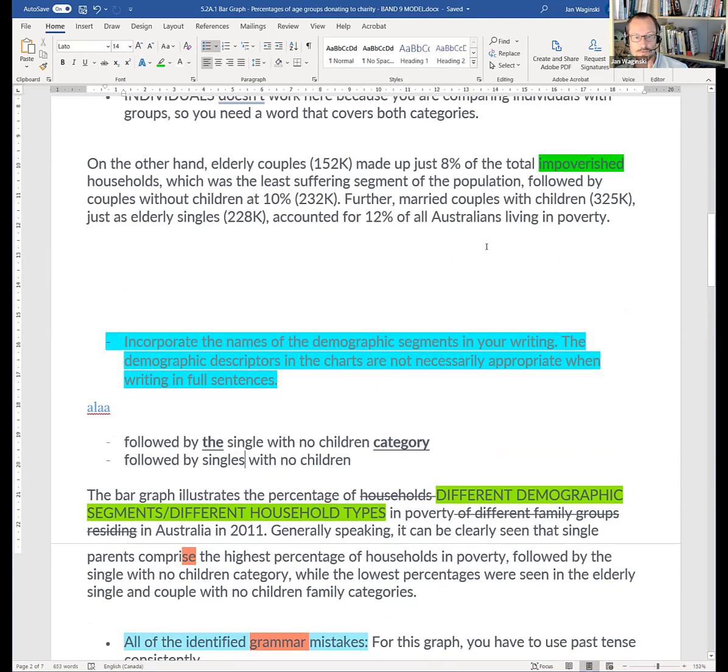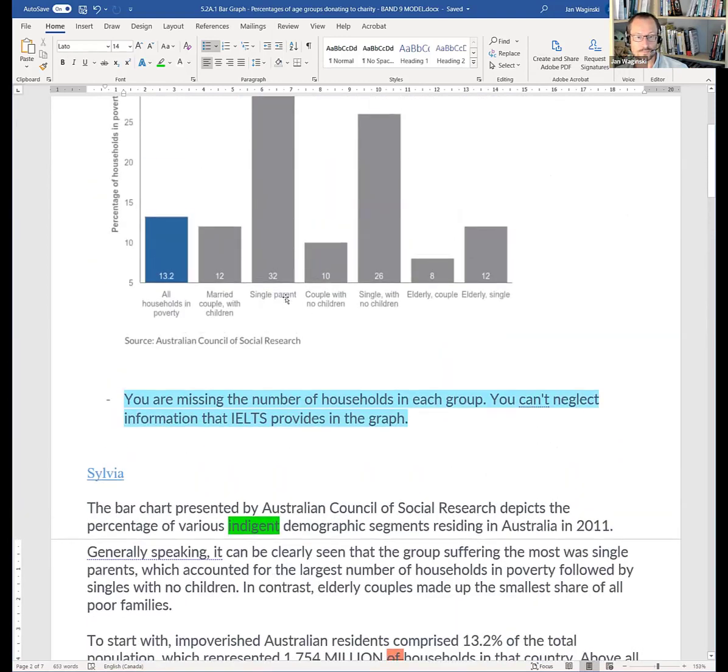Because if you're talking about multiple people, it's not good to say couple with no children. You need to say couples with no children, singles with no children, elderly couples, elderly singles, single parents, couples with no children, married couples with children. So basically you need to put S at the end of parents or at the end of couples and get rid of the commas.